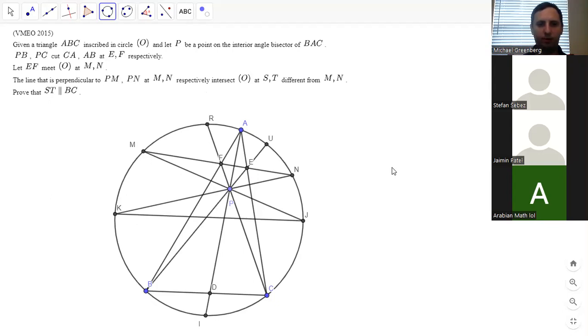So yeah, what happens if we try to use Pascal's? So MJ intersects NK at P. Do we have any other points like that? You have P, F, and E. So RAU, BC. What if we did RAU, BCI, and we try to use Pascal's? Something like that.